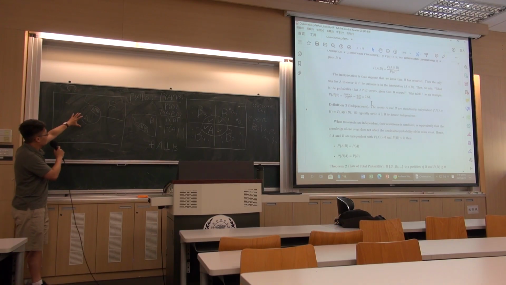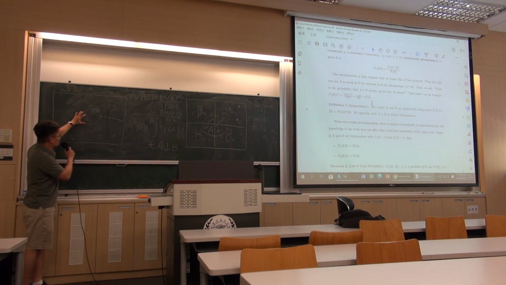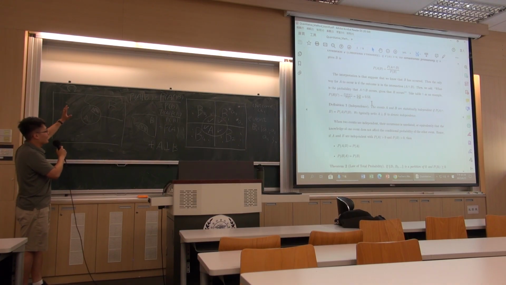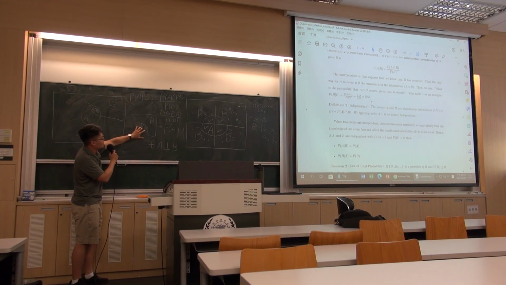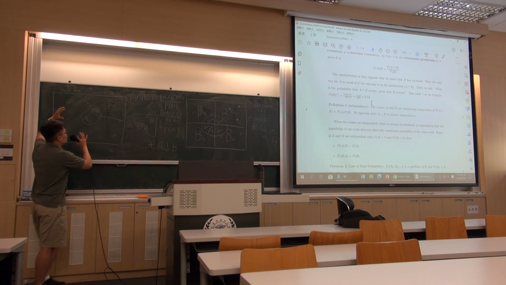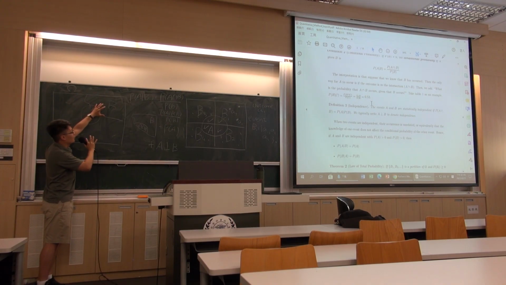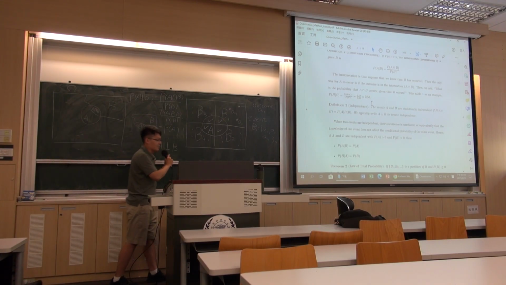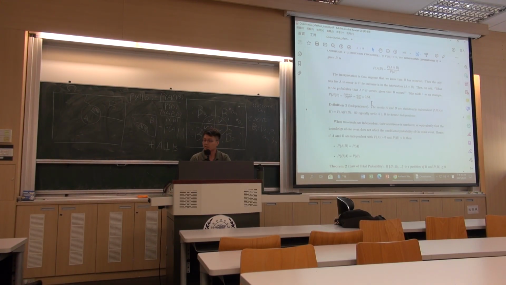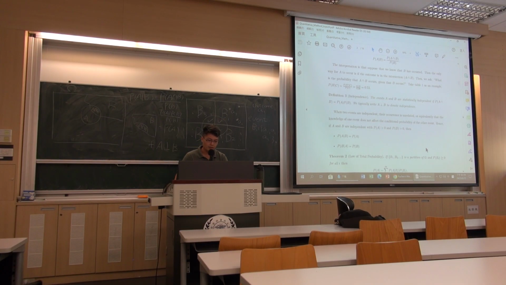It means the event A has a certain proportion of the whole sample space, and that proportion actually equals the ratio of this intersection over the event B. So it is proportionally unchanged when we only look at the B event, and that is what it means for these two events to be statistically independent.